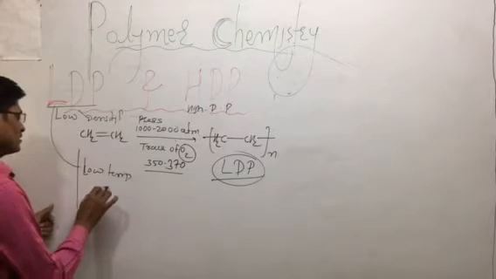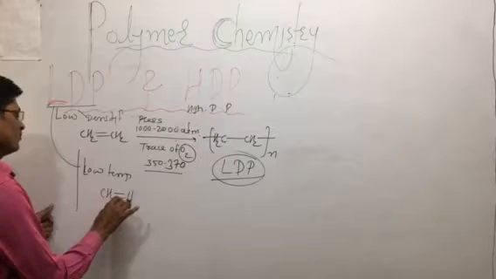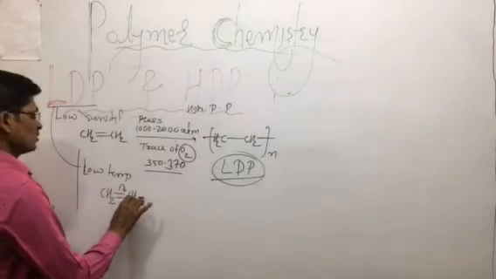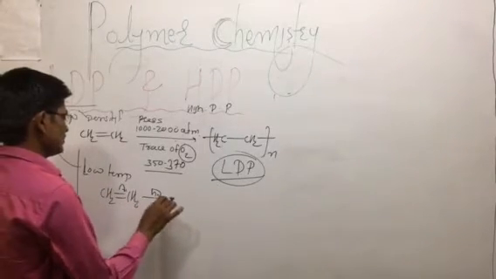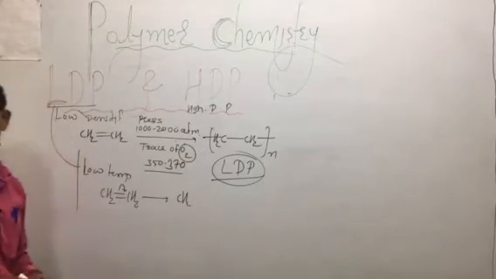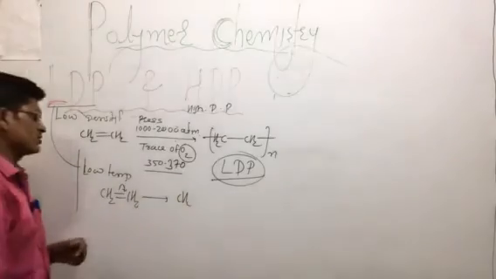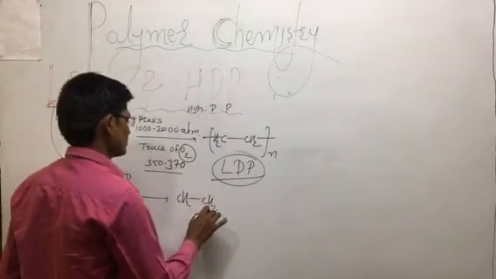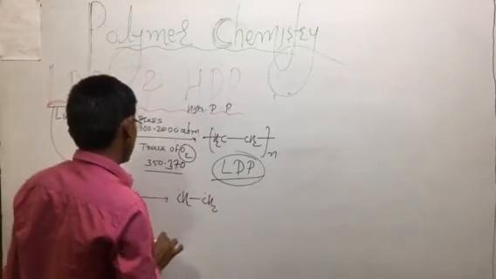The reaction takes place by a free radical mechanism. The free radical mechanism takes place with CH2=CH2, forming CH2 radicals.